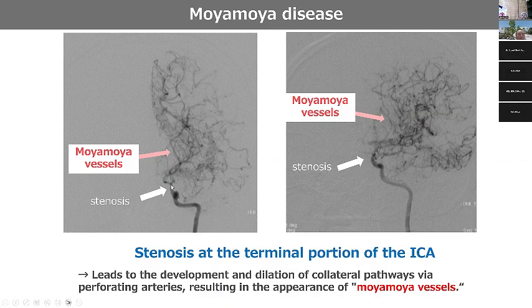Artery stenosis at the terminal ICA and perforating artery dilatation are the main characteristics of moyamoya disease.